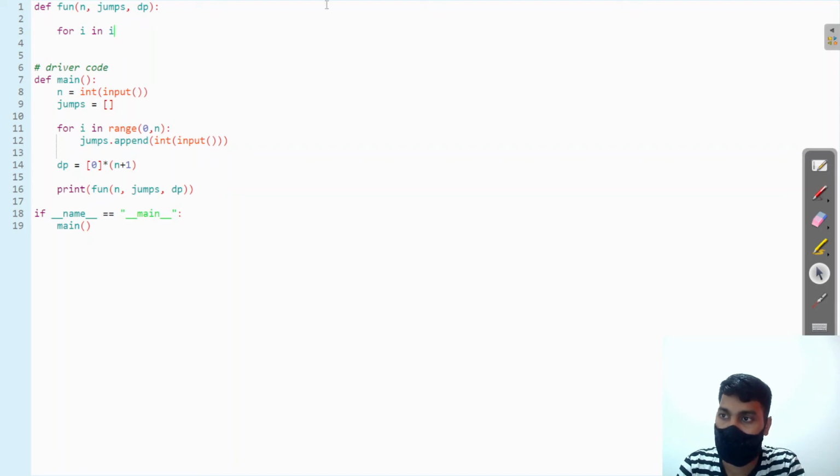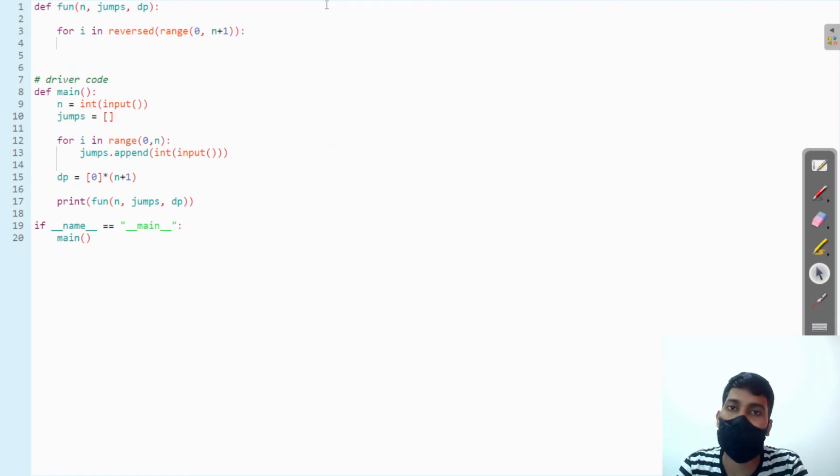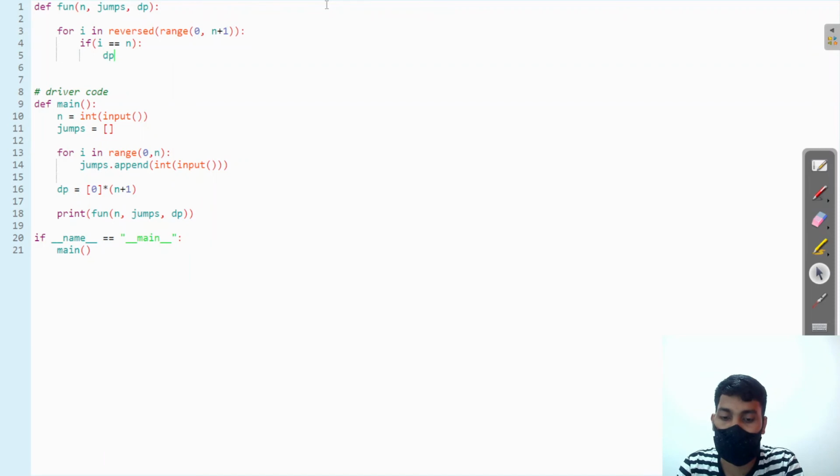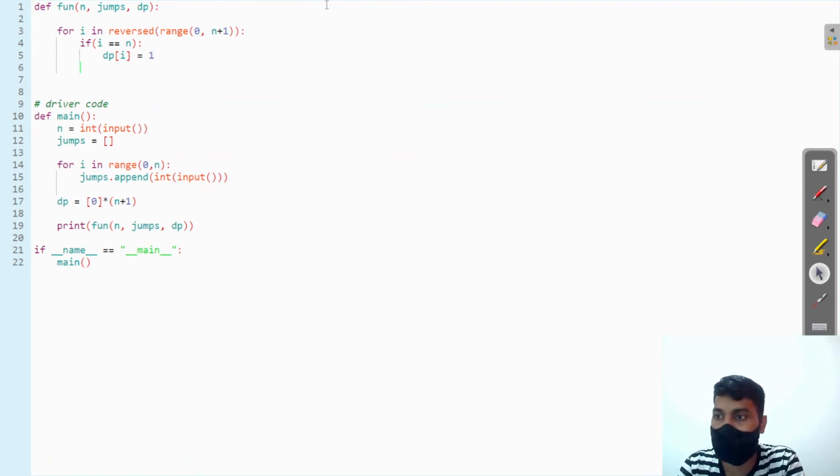So reversed range from 0 to n plus 1, because our dp is of size n plus 1. Now if we are already at our destination, that is i is equal to n, we have to store 1 at i, because we have one path to reach our destination from our destination, right?